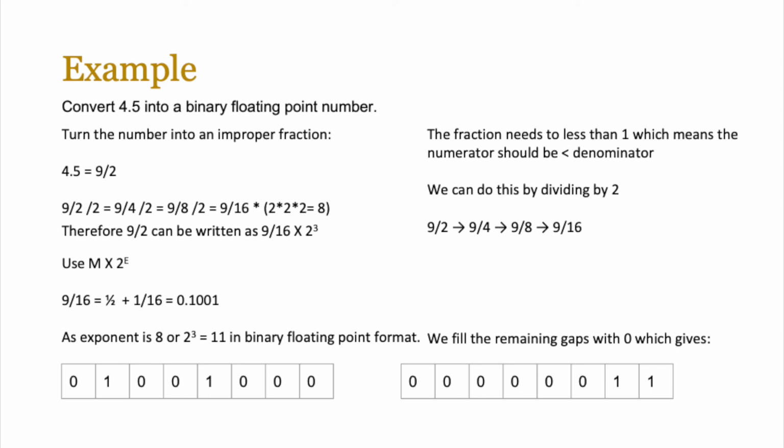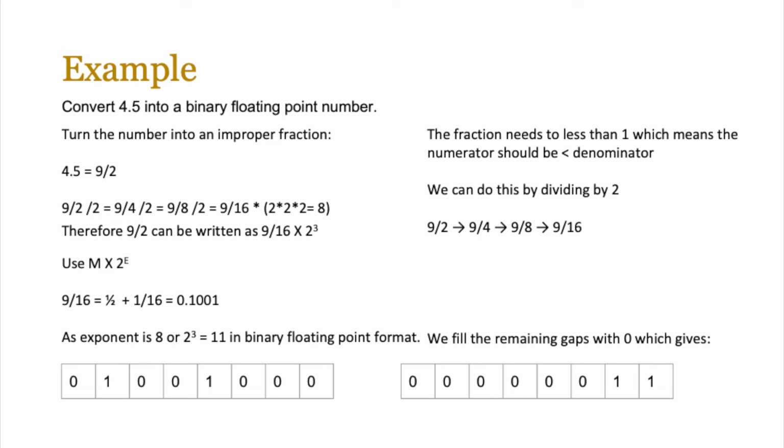Once we have all of that, then we can just simply place these values into the relevant 8-bit notation. So 9 over 16 is pretty straightforward, 0, 1, 0, 0, 1, and the remaining bits are zeros, and 3 just equates to all zeros and the last 2 digits as 1. And that's all it is.